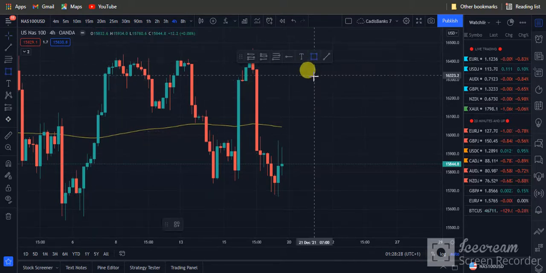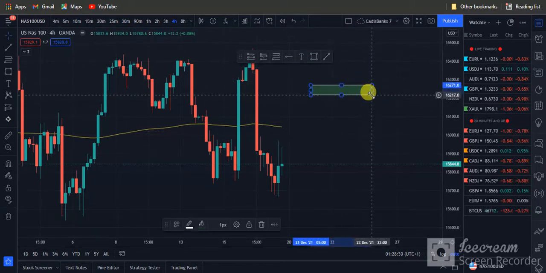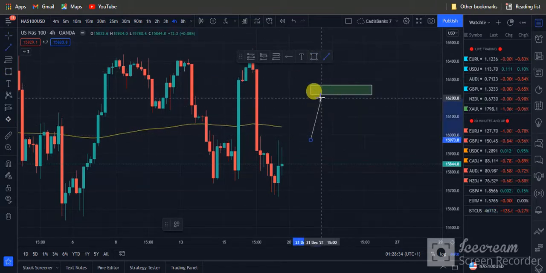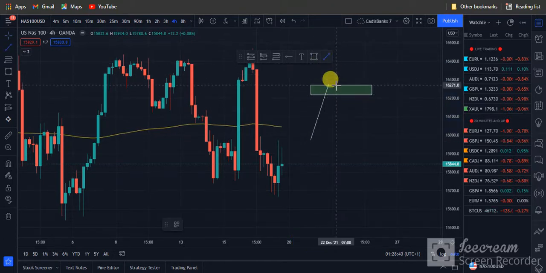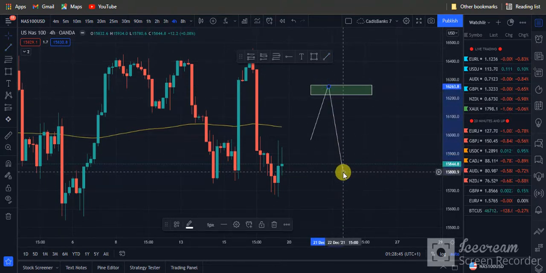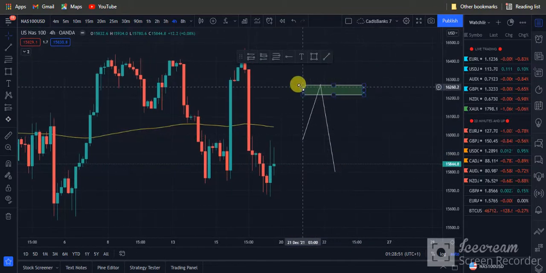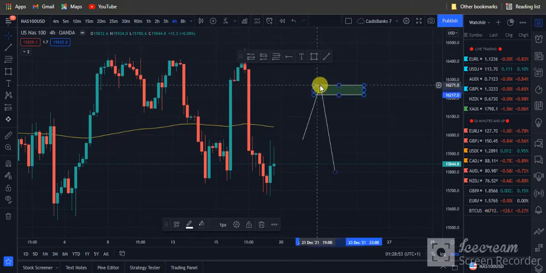It's like when the market is up here, and then you're waiting for the market to retrace strongly like this, a strong movement in one direction like this. So this would be a valid area of supply and demand.